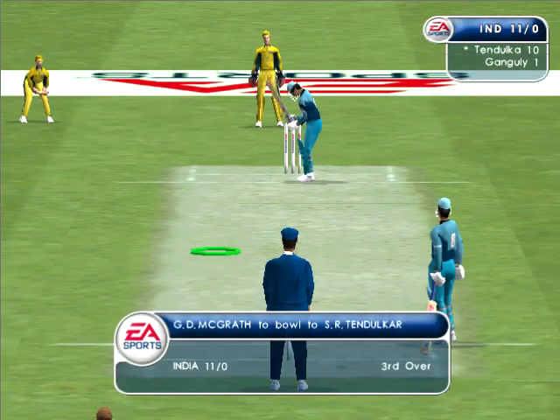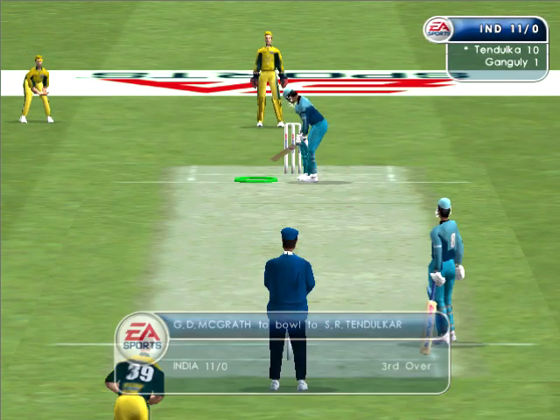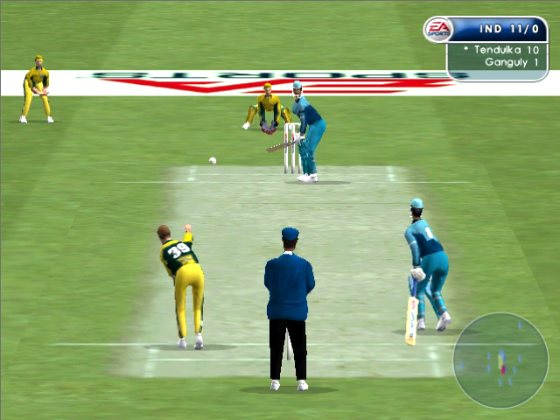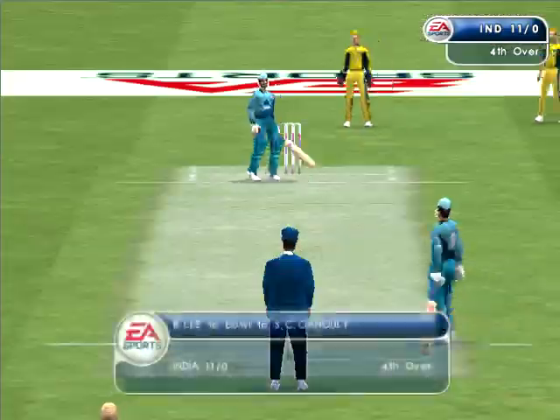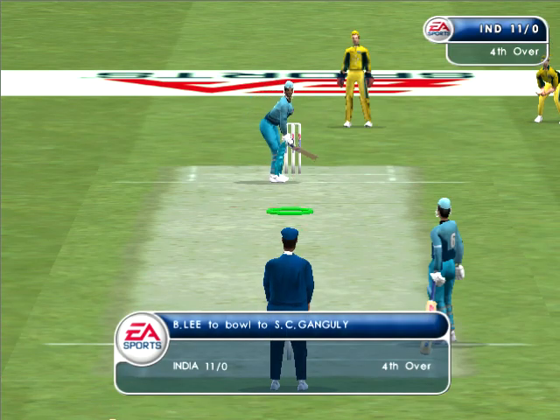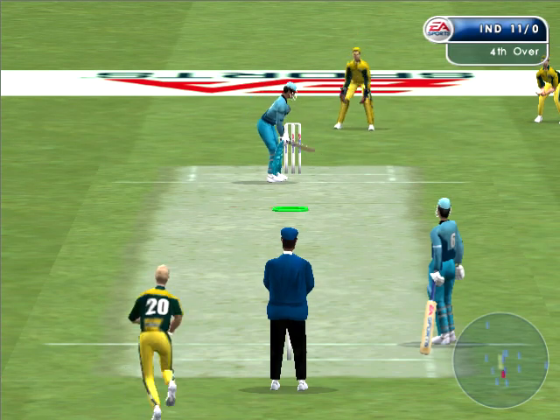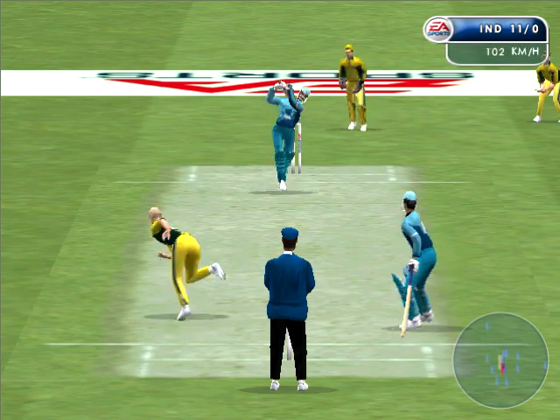India will be looking to blast away from the start with fielding restrictions in place. Lee to begin a new over. The required run rate is looking more and more out of reach here.